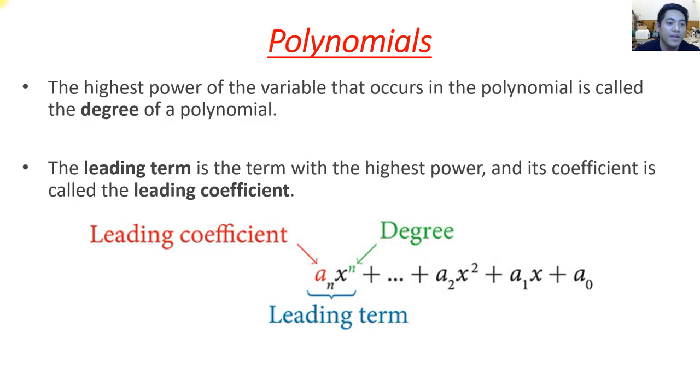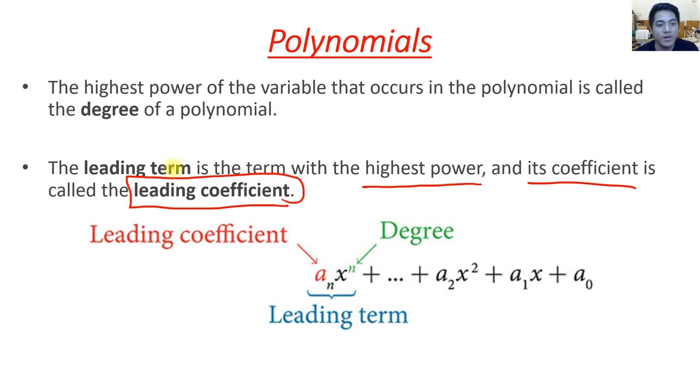We also have the leading term and the leading coefficient. The leading term is the term with the highest power, and its coefficient is called the leading coefficient. We can represent polynomials in this form: a sub n multiplied by x raised to n, plus ellipsis, up until a sub 2, a sub 1, and a sub 0.